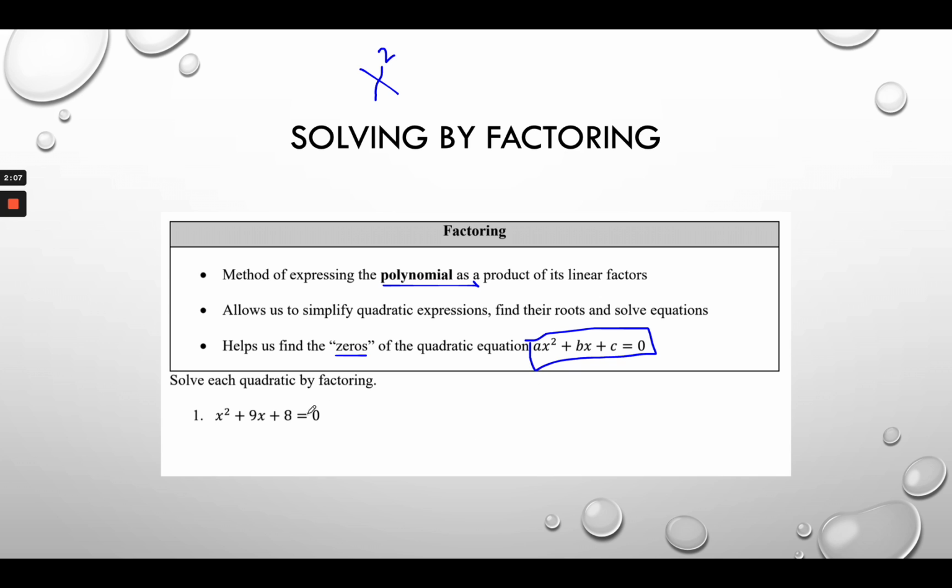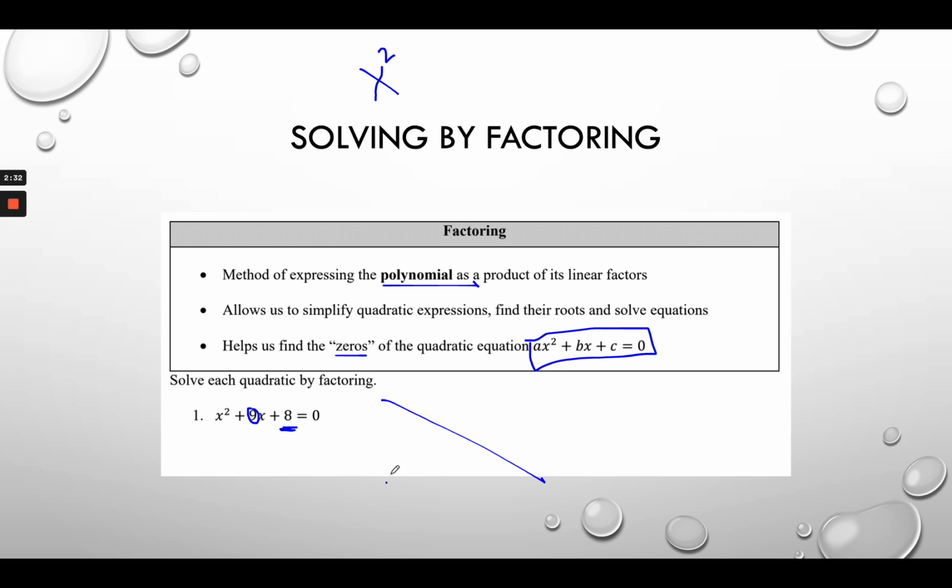So let's go over an example. Right here, number 1, we're going to solve the quadratic by factoring. The first thing we need to do before we can solve it is factor. When you factor, you have to think: what two numbers multiply to give you 8, but add to give you 9? There's a way that I like to organize this.